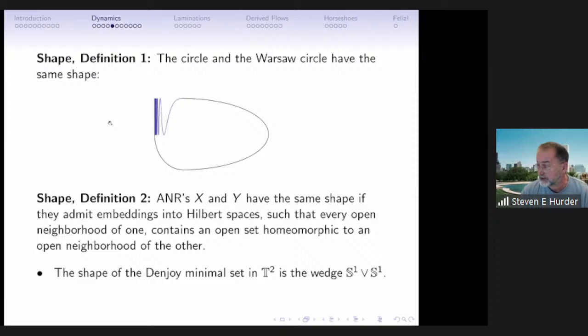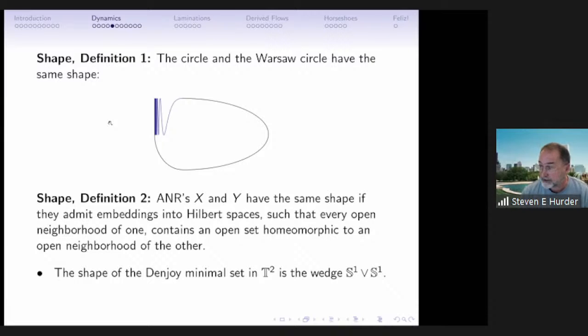That's exactly what you see in the picture of Paul's example. When Paul constructed it, his immersion is actually of a fattened version of this wedge. That's characteristic. In his example, the minimal set is exactly a wedge, and that's shape theoretic to a wedge. So shape has something to say about the example that Paul constructed.